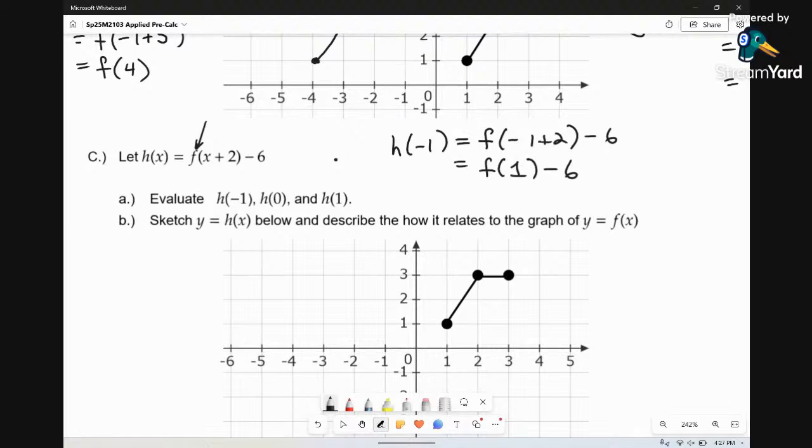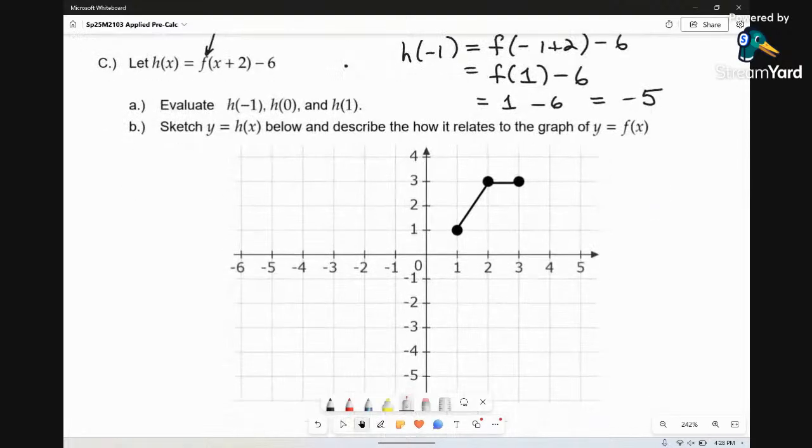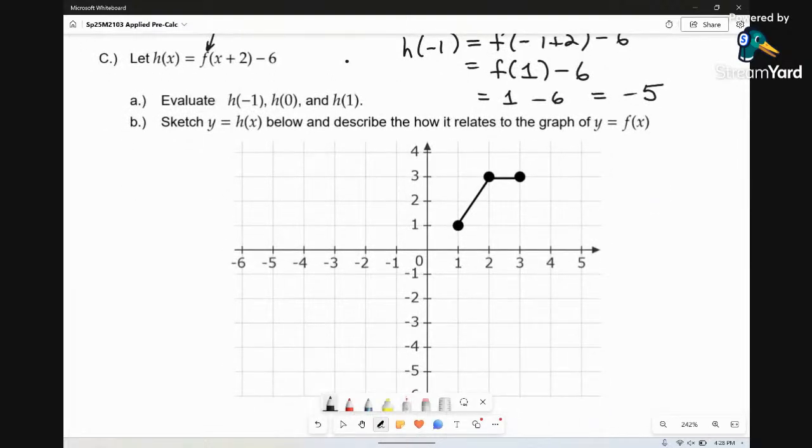We already said a few times, I can see right here, f of 1 is 1, and then 1 take away 6 is -5. So I'm going to plot that point right this second. -1 as my input, and then I'm going to output -5 as my y coordinate. So -1, -5 right there.